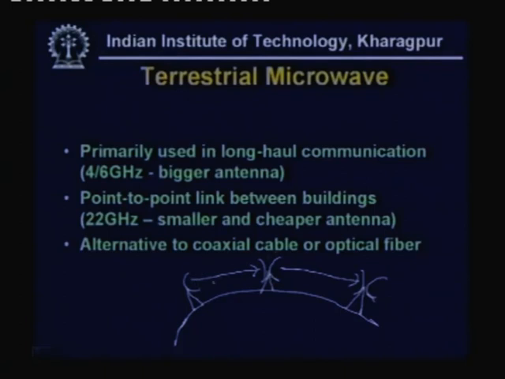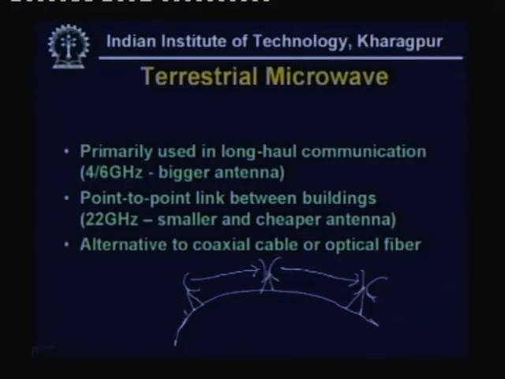And this terrestrial microwave can be used as an alternative to coaxial cable and optical fiber. As you know, coaxial cable and optical fiber are also used for long haul communication in telephony. Instead of using coaxial cable and optical fiber, one can use terrestrial microwave.